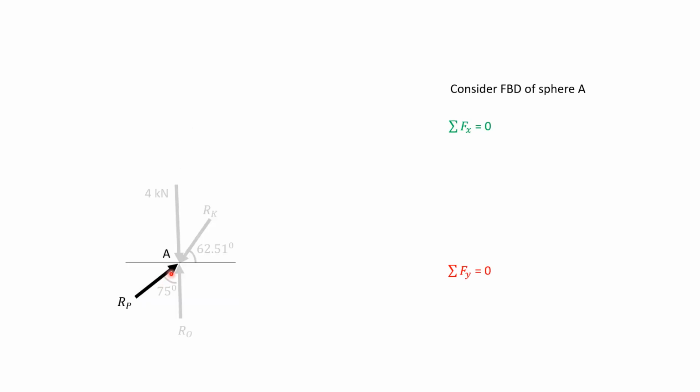Now consider joint A, this sphere, resolving the forces horizontally and vertically and equating to 0. That is applying equilibrium conditions. Resolving horizontally, it will be RP sin 75 degrees, directing towards positive x-axis, so RP sin 75 positive. Resolving vertically, it will be RP cos 75 degrees, directing towards positive y-axis.